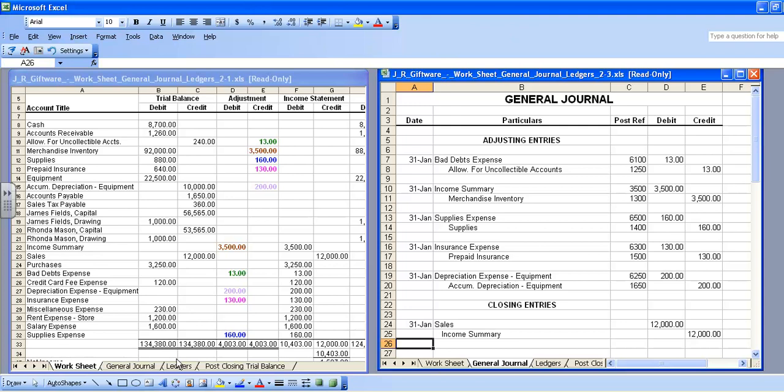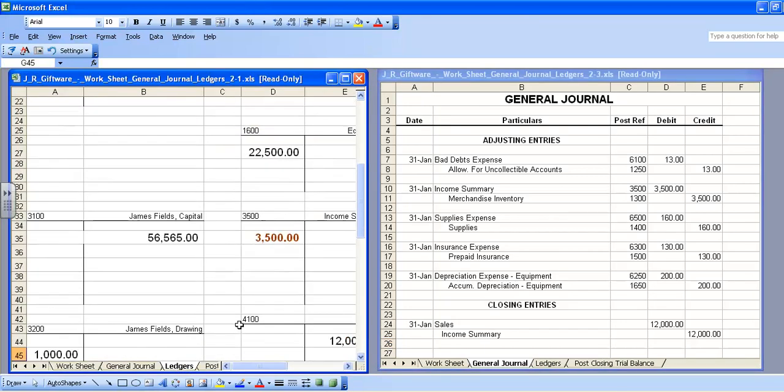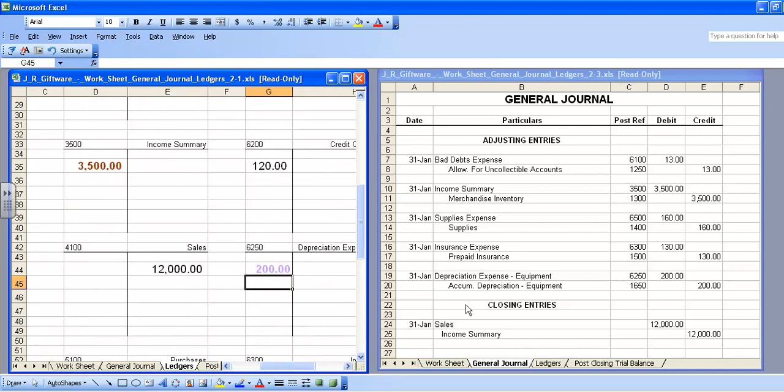So I'm going to go to my ledgers and find sales. And our sales account is right here. If I look, sales has a credit balance, so I'm going to put 12,000 on the debit side. What is my new balance going to be?